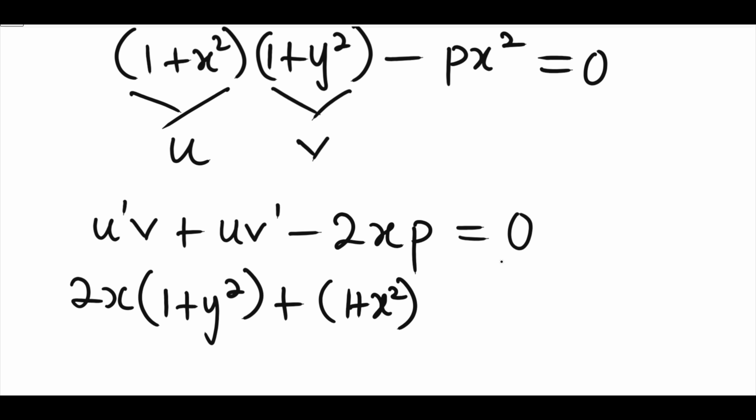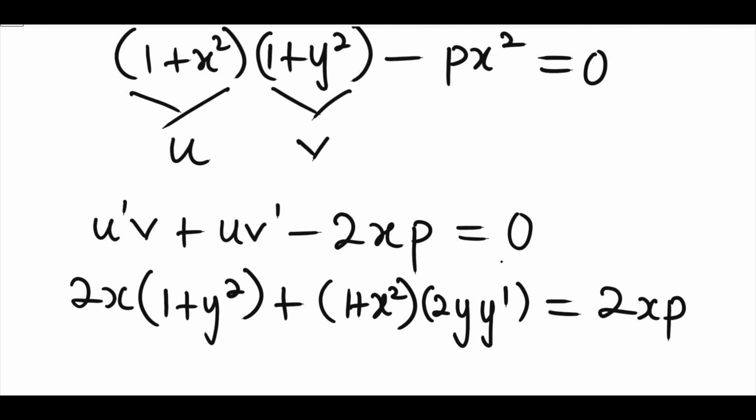When you differentiate v, you are going to get 2y, but the result will be multiplied by dy dx, which is the same as y prime. Then equal to positive 2xp. We have transposed the negative 2xp to the right hand side.